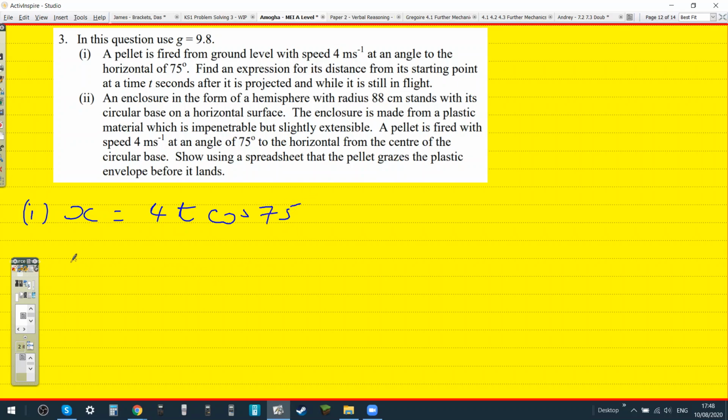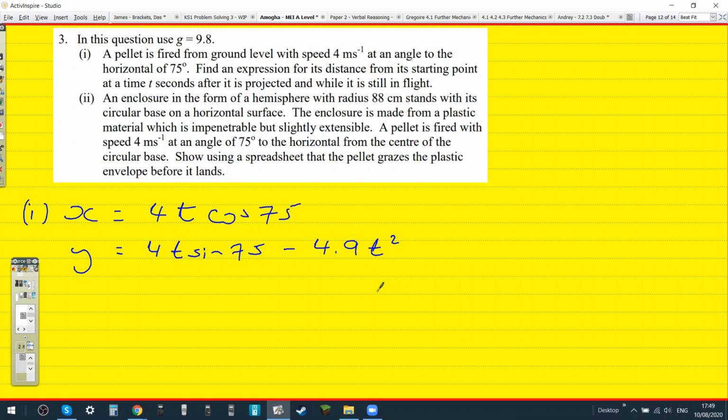And then y would be 4t sine 75 minus 4.9t squared. And enter for the distance.